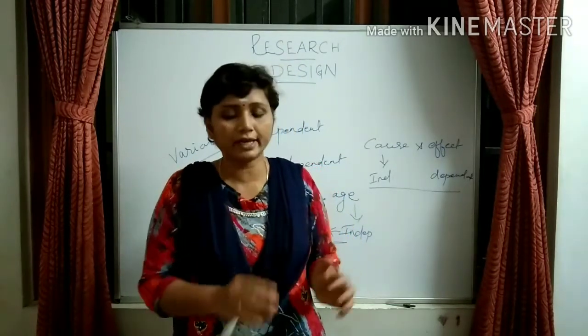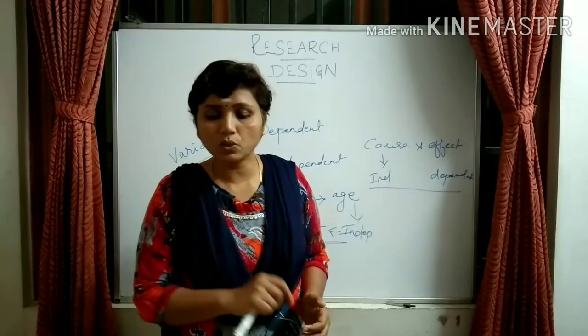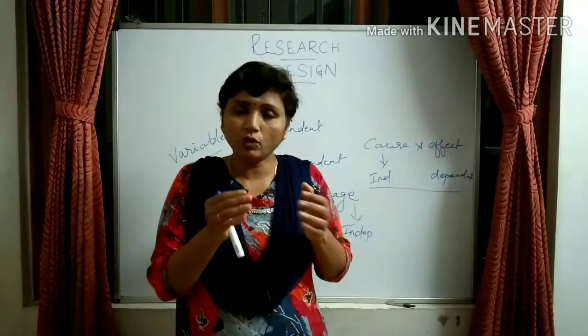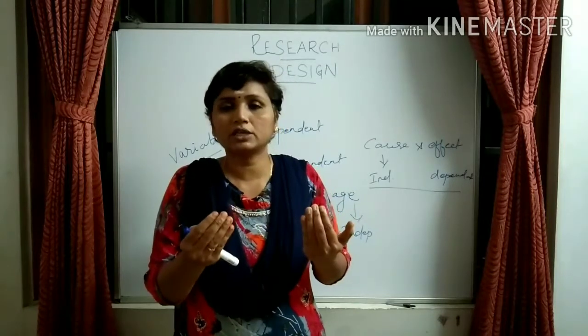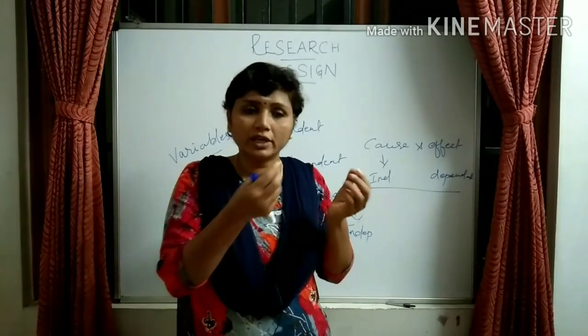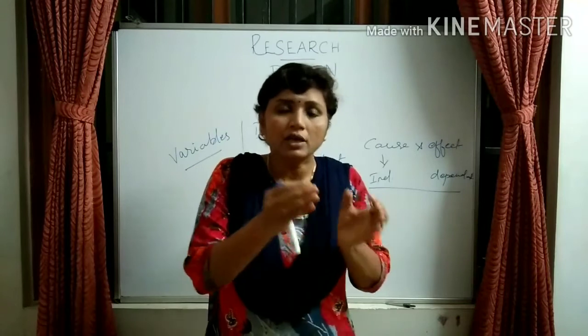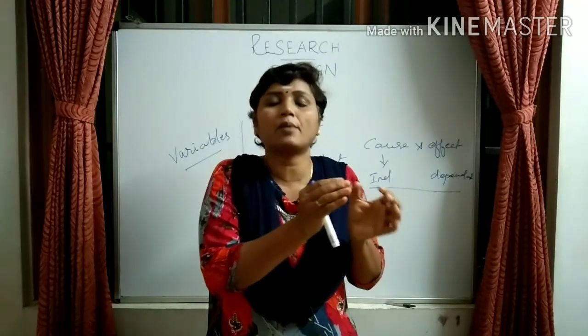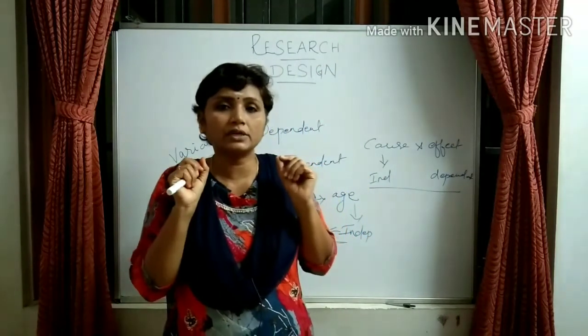That is called the experiment. Then the last one is the experimental unit. If we want to test the effectiveness of a drug, the drug will be introduced in a particular group of people or particular selected samples. That is called the experimental units.